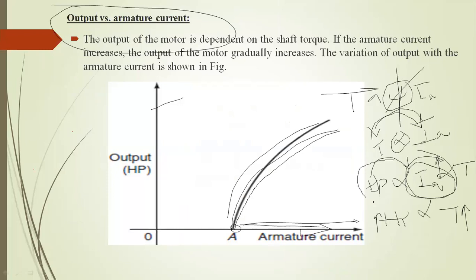So the relation between these three is direct proportionality. When the horsepower increases, the shaft torque, this is T_sh, the shaft torque, is going to increase. How is the shaft torque going to increase? By the increase of armature current. So the variation is shown in this characteristic.